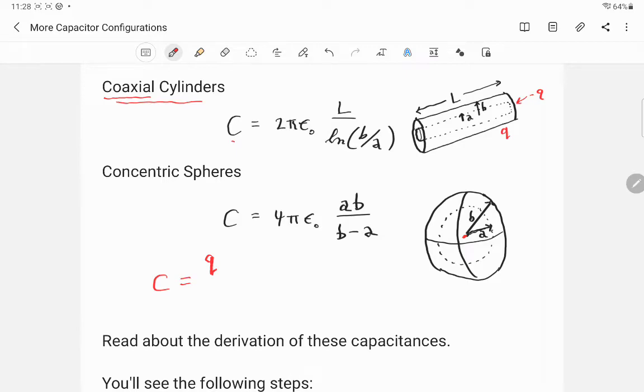And there's going to be an associated electric field between the inner negative conductor and the outer positive conductor that is the potential difference delta V. So there's going to be a potential difference between the inner conductor and the outer conductor.